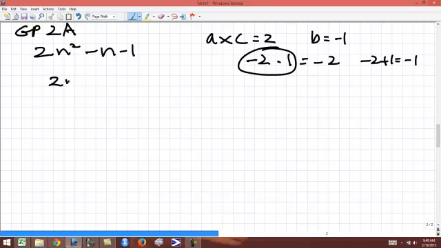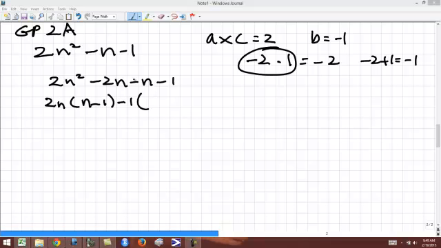And so we're going to do 2n squared minus 2n minus n minus 1. Take the 2n out of the first two terms. 2n times n minus 1, minus 1 times n.